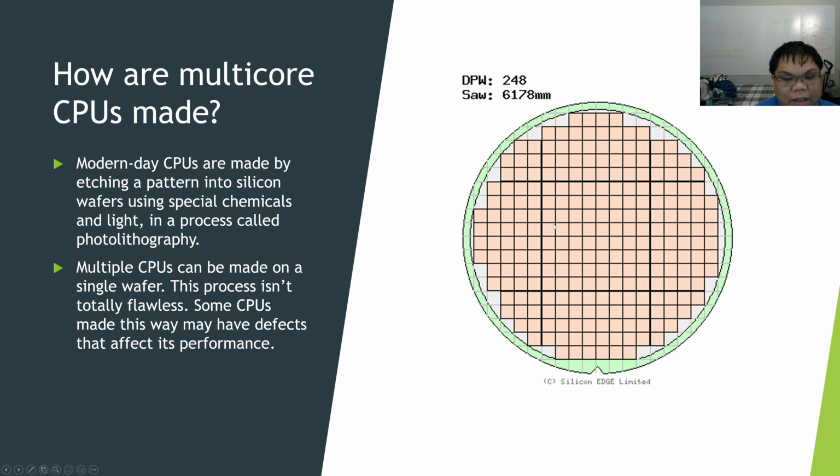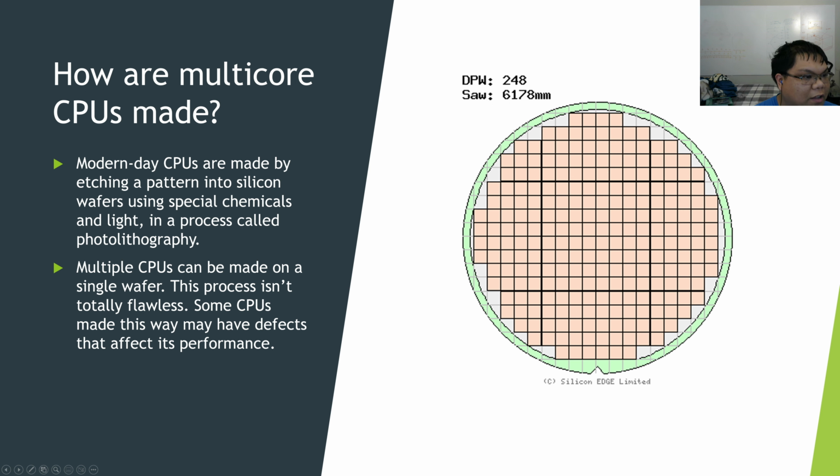Sometimes the defect is only minor and it only affects a few components, but the CPU itself is otherwise perfectly usable for something else. In this example here, we have a 10 by 10 chip being manufactured in mass on a silicon wafer, and this resulted in almost 250 dies, as they're called.